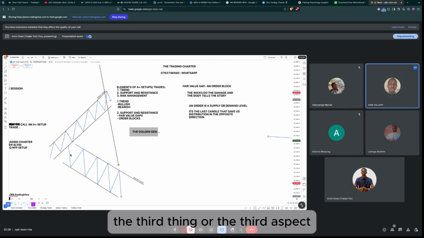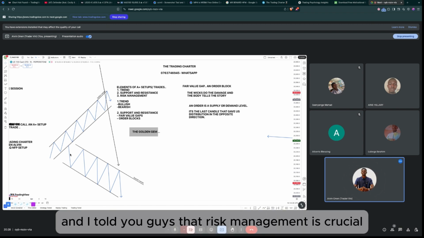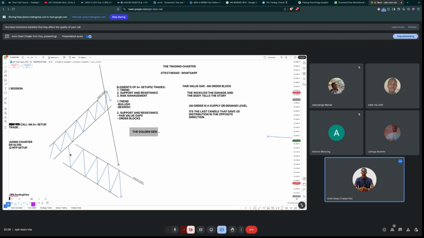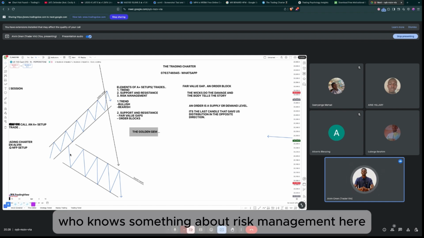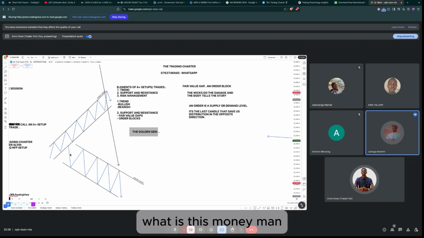So the third aspect to the element of an A+ setup is what? Risk management. And I told you guys that risk management is crucial. Who knows something about risk management here? What is risk management?